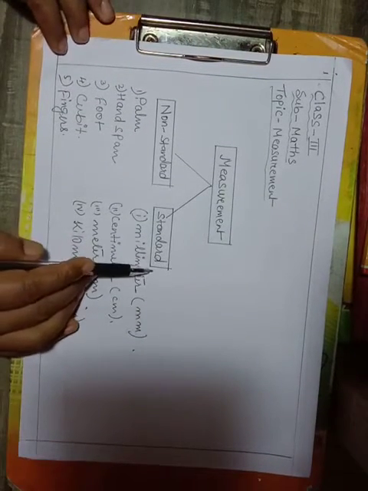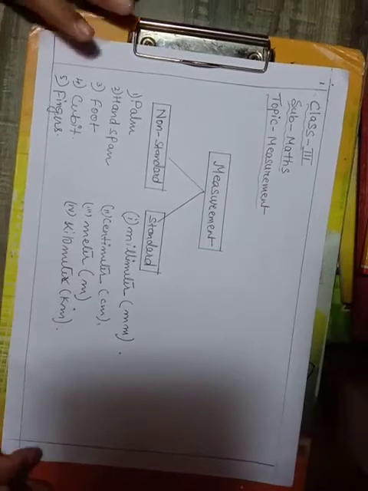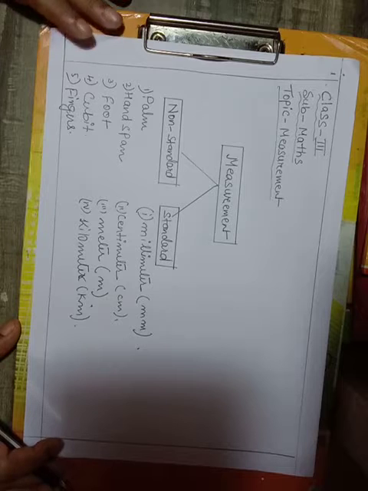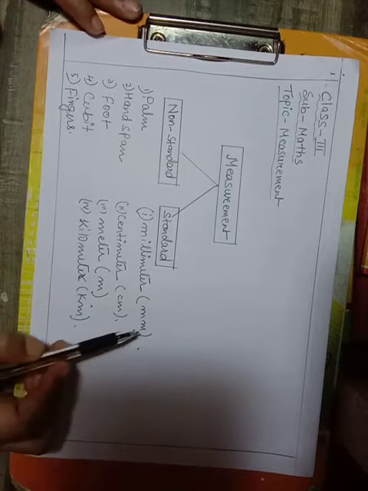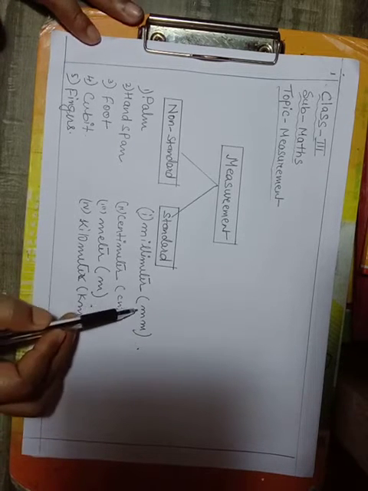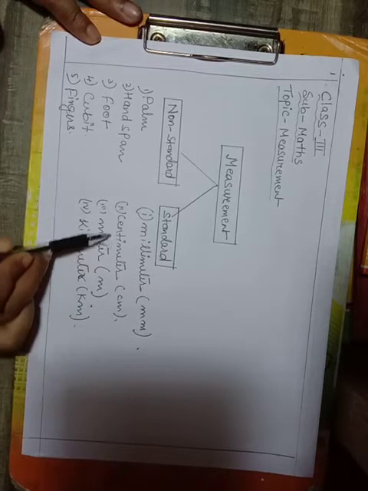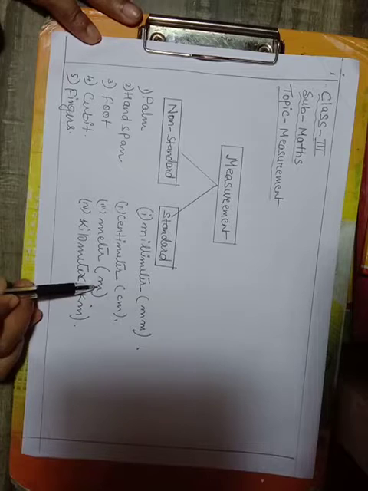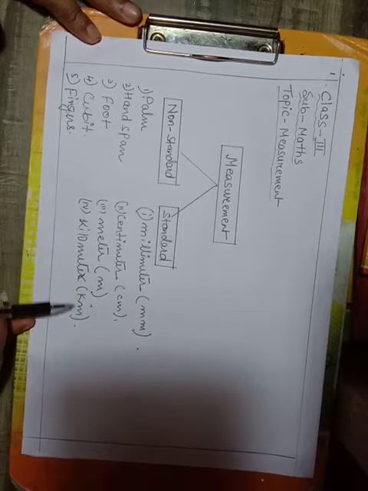Standard units of measurement are used all over the world, and they are the same everywhere, anywhere we go in the world. It is millimeter, which we write in short form as mm, centimeter, cm, meter, m, kilometer, km.